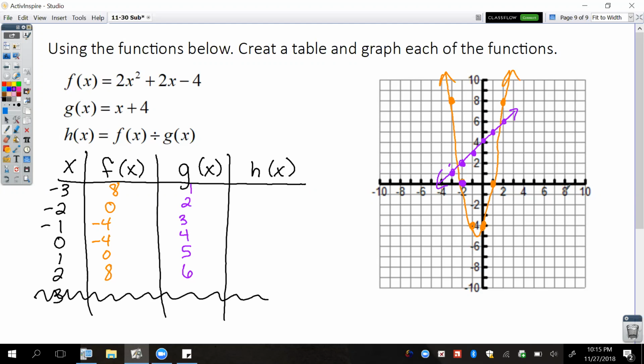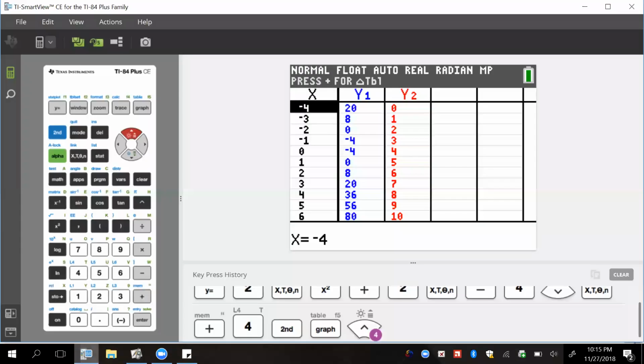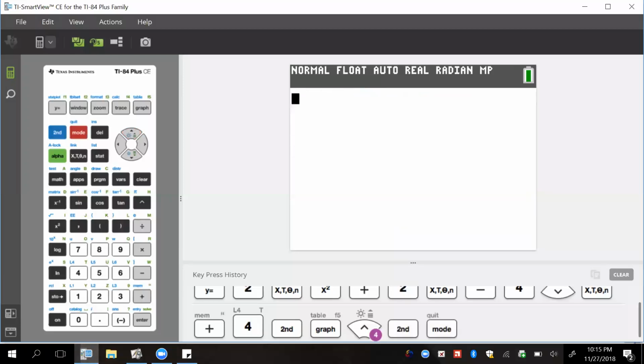Okay. So then the next thing I want to do now is we're going to divide those two functions. So when I do 8 divided by 1, 8 divided by 1 is 8. 0 divided by 2 is 0. Negative 4 divided by 3 is going to be negative 1.25. And let's double check and make sure I did that right. So negative 4 divided by 3.